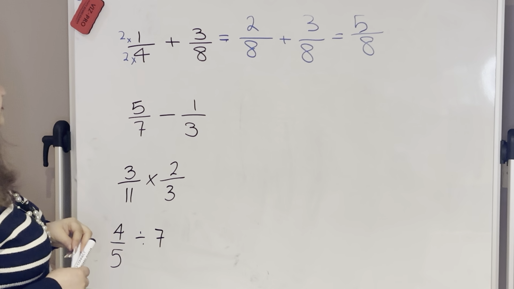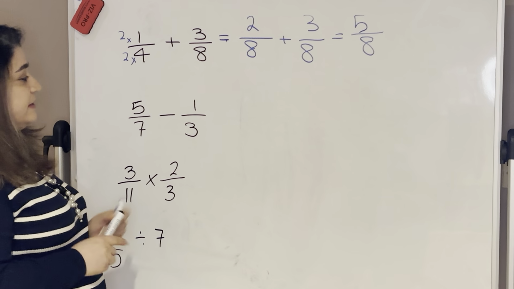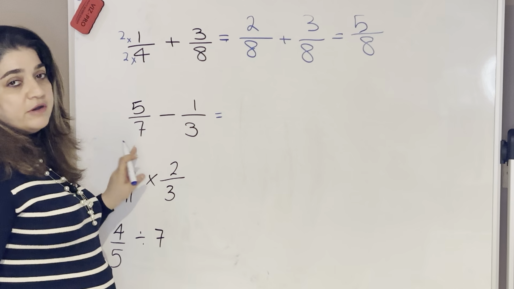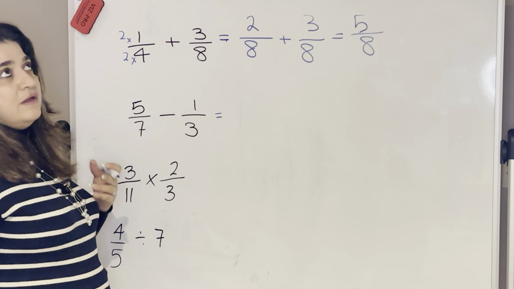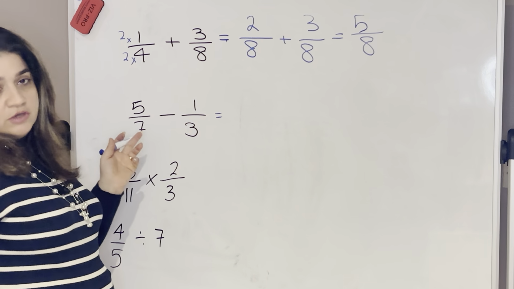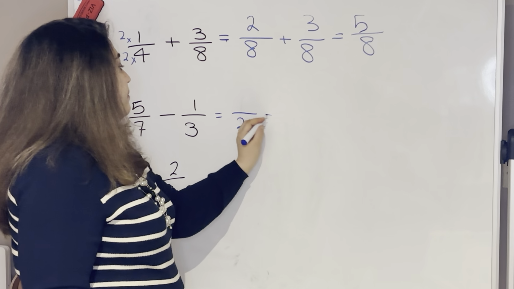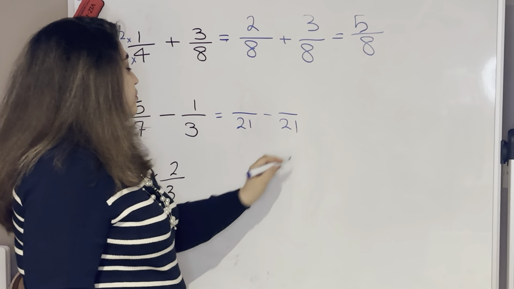The next one, again, you need to find the common denominator. Because it is a prime number and a prime number, the common multiple means multiplying them together. So it is 21 and 21.